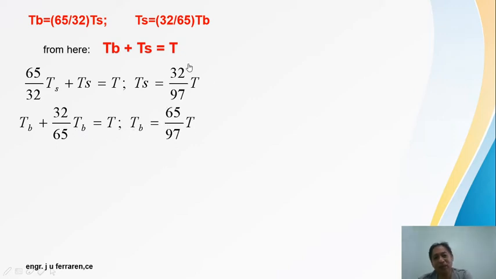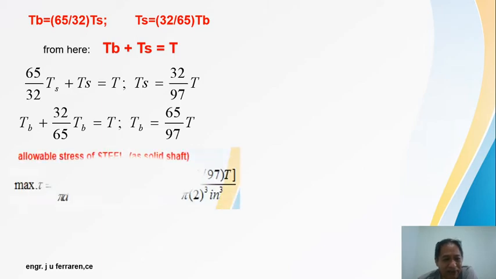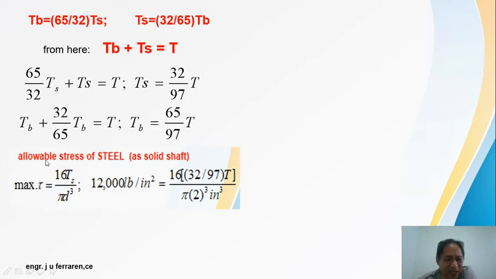Okay? So with this, now, I have to use the allowable shearing stresses. Allowable shearing stresses from steel. Okay, so allowable shearing stress for steel. As a solid shaft, the maximum is 16T over pi d cube. The allowable is 12 KSI, correct? So 12,000, kay KSI man to, di ba?